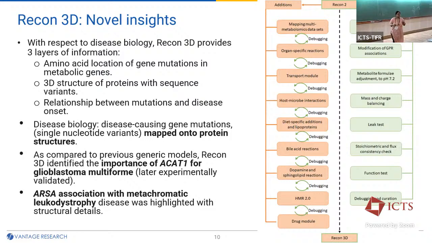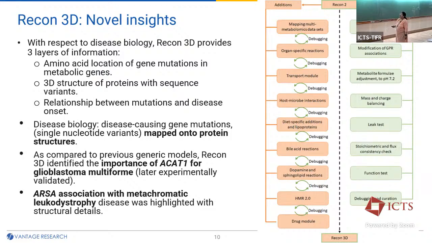So what I meant to say was, because we also integrated a lot of structural information, now if you compute a gene deletion or a genetic mutation, you can actually see the impact of this genetic mutation at the level of the proteins. And that's what we say is the biggest advantage of using Recon. You can move from the language of genes to the level of proteins. Okay?